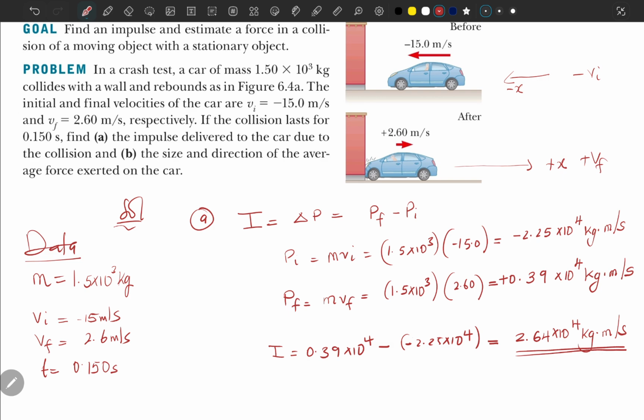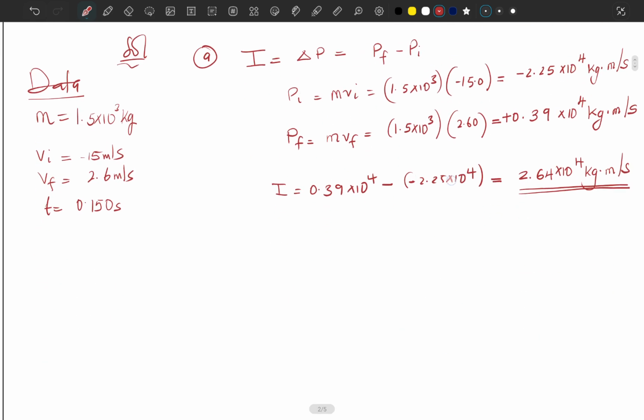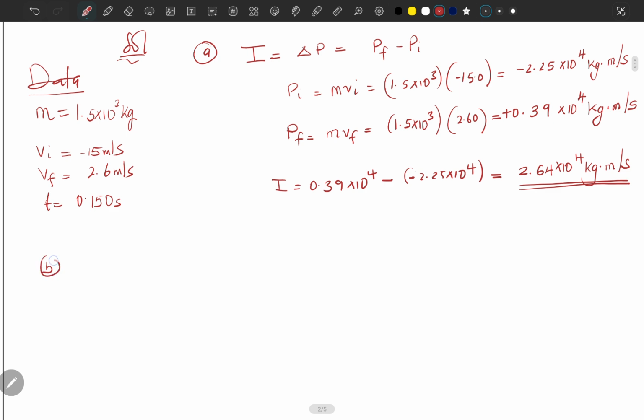Now, how do we answer B? B asks for the size of the force. Remember the relationship between force and momentum: change in momentum is equal to force multiplied by time.